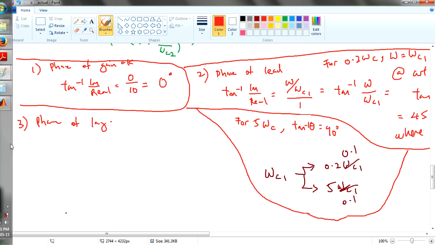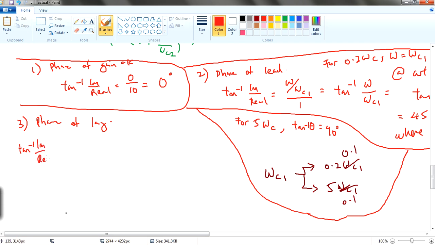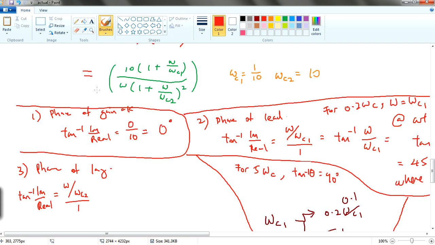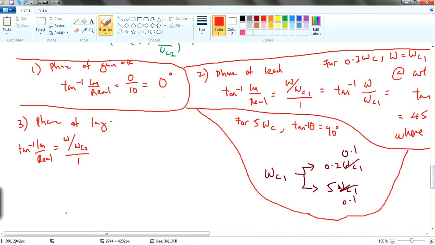So we have tangent inverse of imaginary over real, which equals omega divided by omega c2, the corner frequency, divided by 1. This is simply because this is my imaginary axis, this is my real axis, right? What I need to do is actually the same thing.